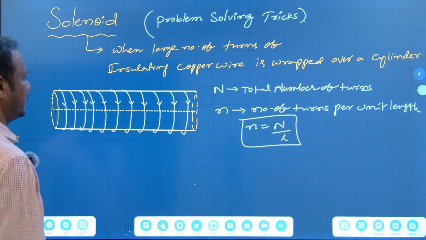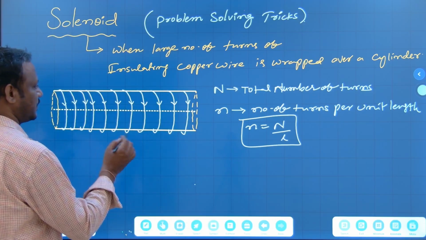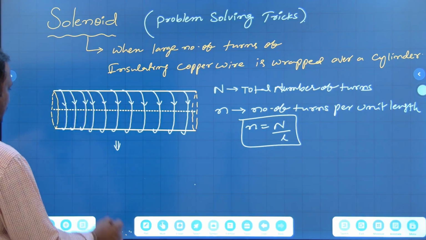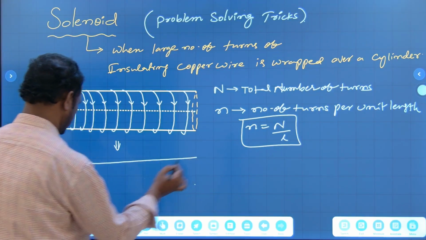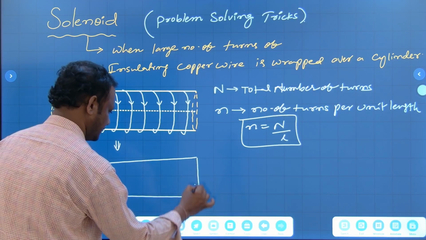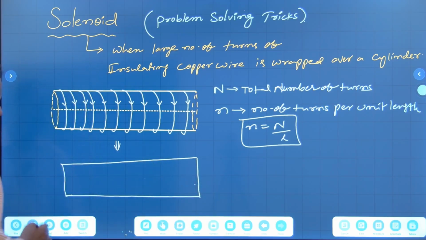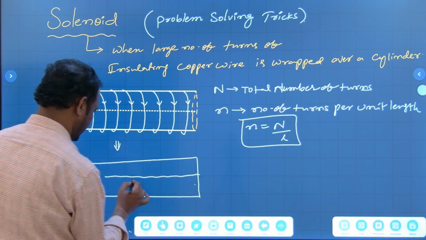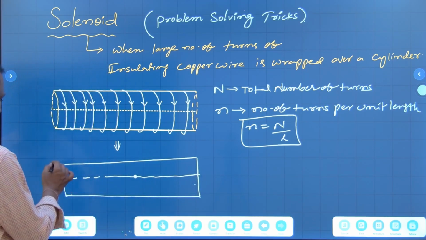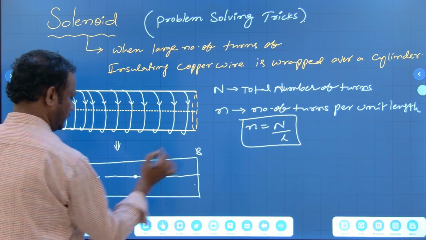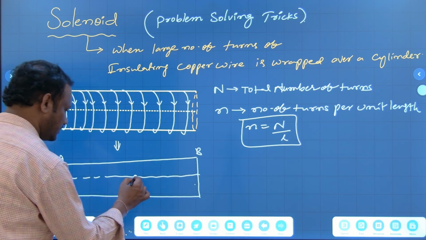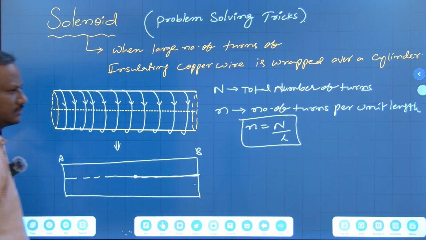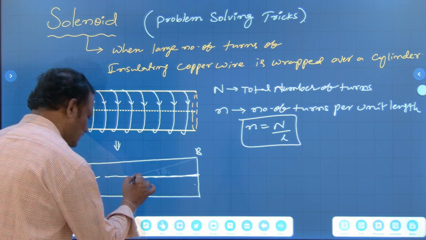Now, the magnetic field induction at any one point, I'm choosing this point on the axis of the solenoid. The line to this point makes an angle theta 1 with the axis at the first end.